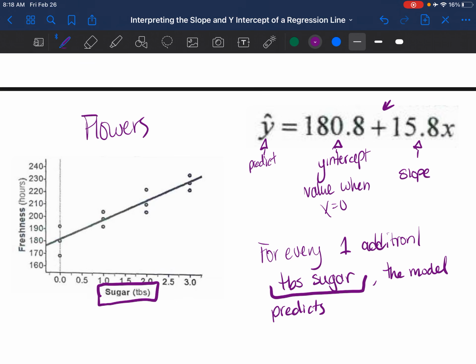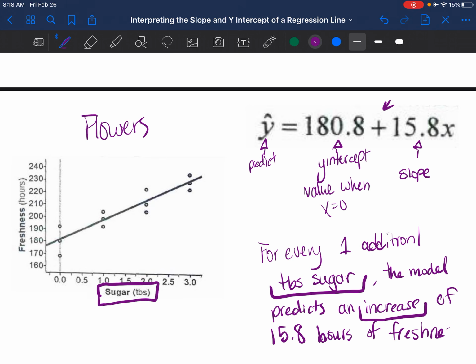The model predicts an increase, because my slope is positive and the line is going up, an increase of 15.8 hours of freshness.